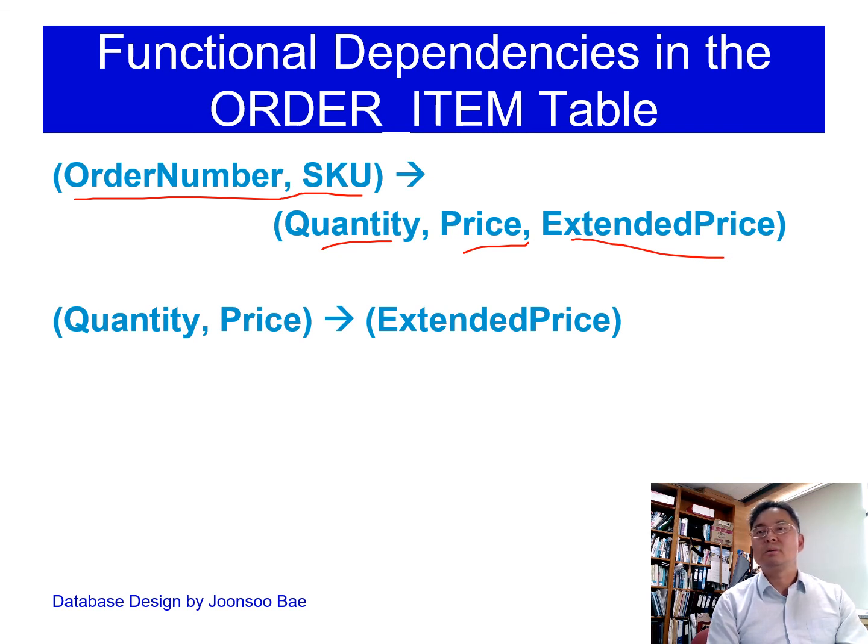And also another composite attribute, quantity and price, will determine extended price. So there are 1, 2, 3, 4 functional dependencies in the order items table here.